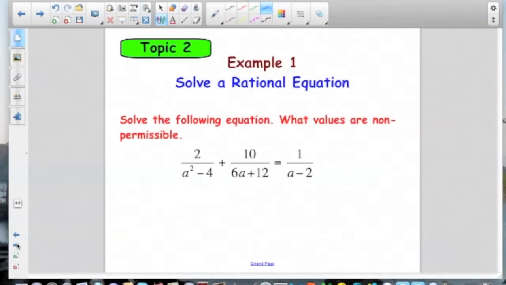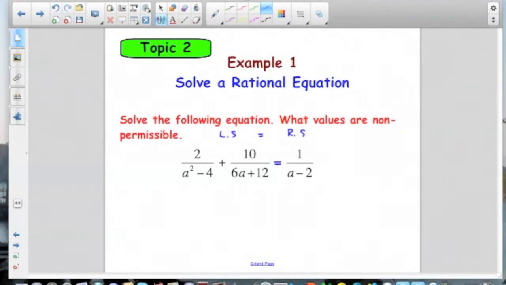Now we're going to move on to equations. Now equations have the equal sign involved. The expression is there is no equal sign. So now we are going to try and make the left side equal the right side. And if we do that, we know we have a solution.